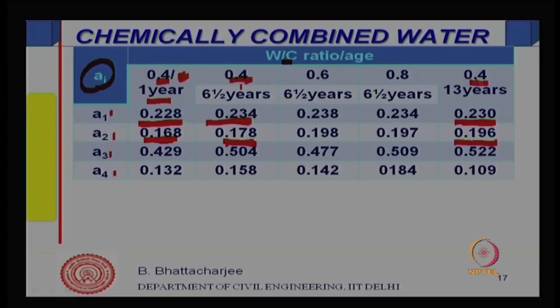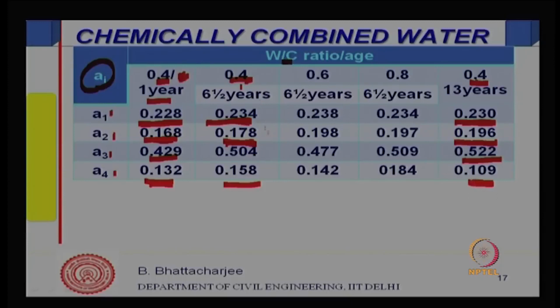Similarly, A3, you can see that in 13 years 0.52 grams of water reacted with 1 gram of C3A, and A4, that is 1 gram of C4AF reacted with 0.132 grams of water in 1 year, in 6.5 years 0.158, and in 13 years it was something like this.